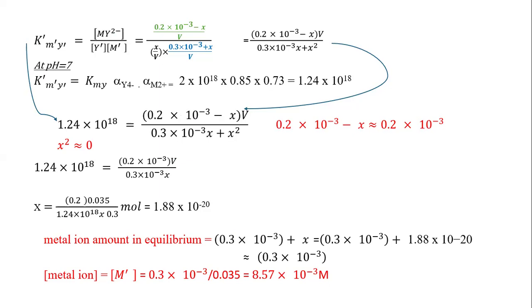So here you have to make some assumptions, like in all the equilibriums. This is 0.2 into 10 to the power minus 3 minus x, you have to ignore the x. That assumption you have to write.